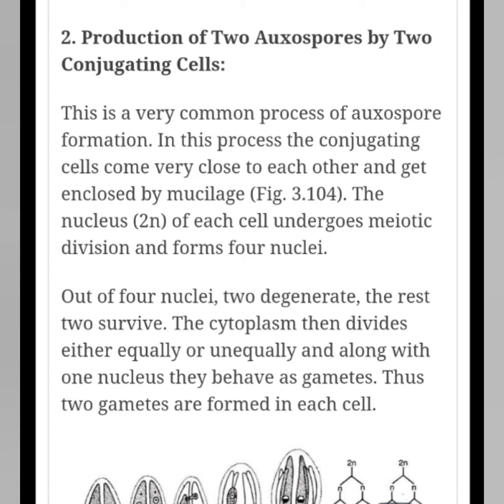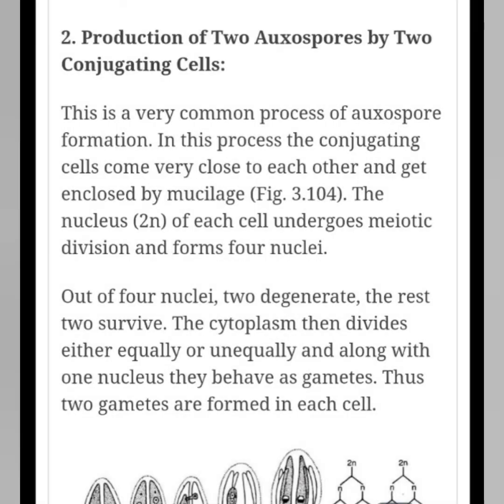Again, they will get enclosed in a mucilaginous sheath, and the nucleus of each cell will undergo meiotic division, and again they will form four nuclei. But here, out of four nuclei, only two will degenerate.